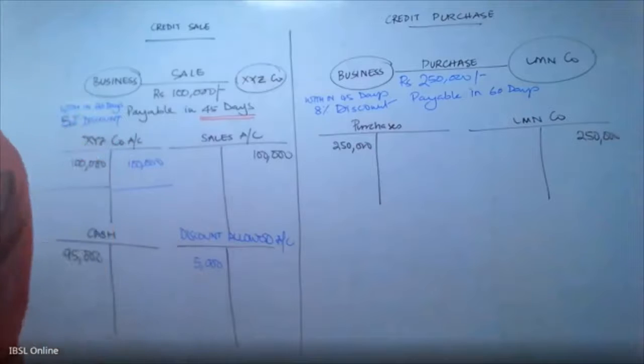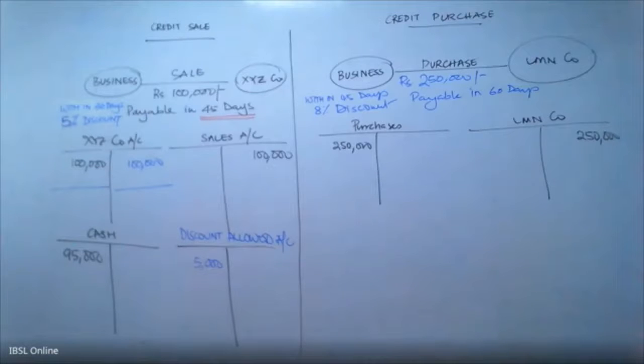Right. Now, tell me, if you want to enjoy this discount, one thing is that you need to pay within 45 days of the purchase or on the 45th day.